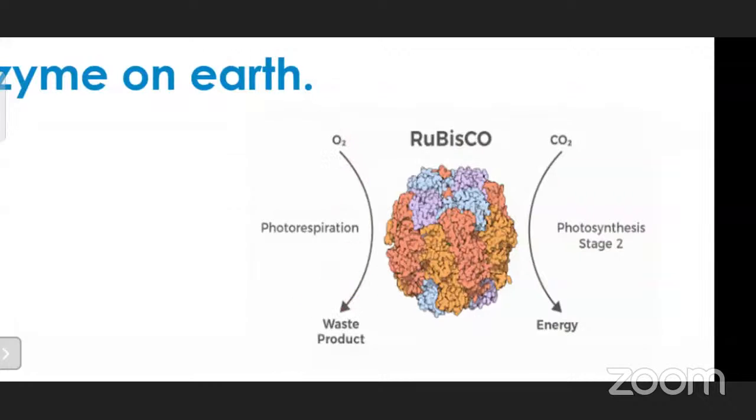So the nature of Rubisco can be understood by this image clearly. Rubisco is carboxylase as well as oxygenase. Carboxylase for photosynthesis, oxygenase nature can be seen in photorespiration. In coming topics, you will learn about this nature also of Rubisco enzyme.